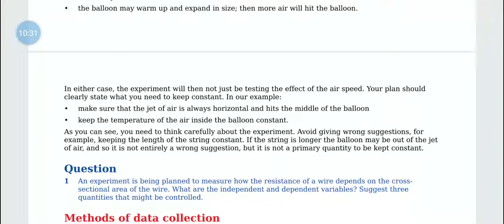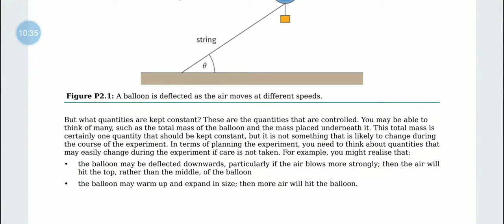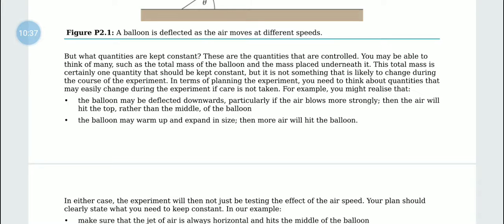So it's highly unlikely that it would change. As a result, we do not have to talk about the obvious; if they are not likely to change, we don't have to talk about them. So we have to think about the quantities that could easily change during the experiment if we do not take proper care.